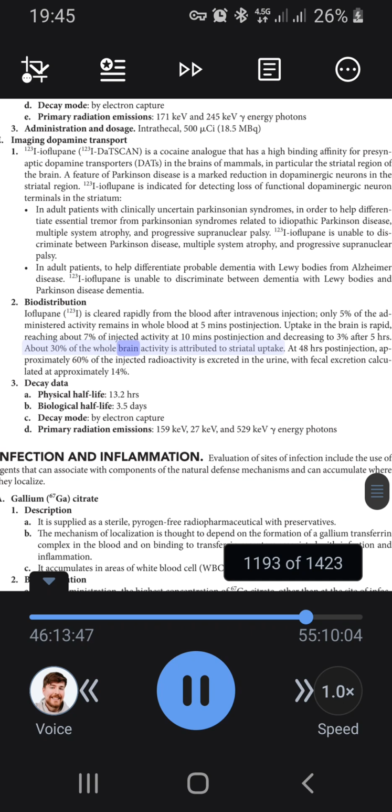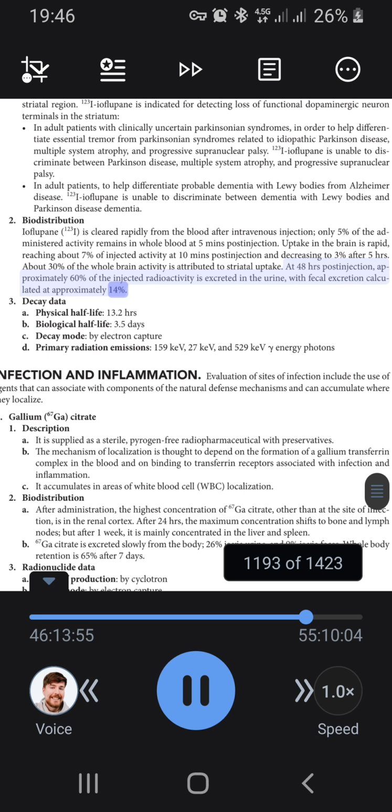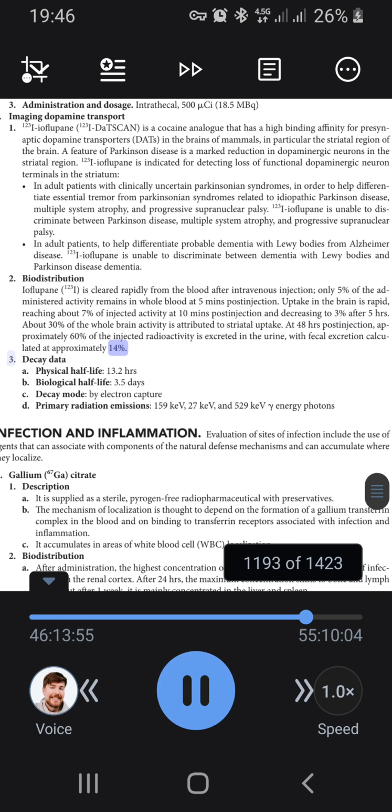About 30% of the whole brain activity is attributed to striatal uptake. At 48 hours post-injection, approximately 60% of the injected radioactivity is excreted in the urine, with fecal excretion calculated at approximately 14%.